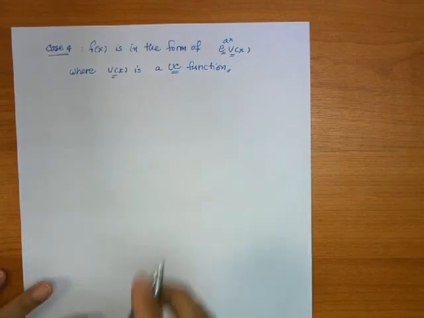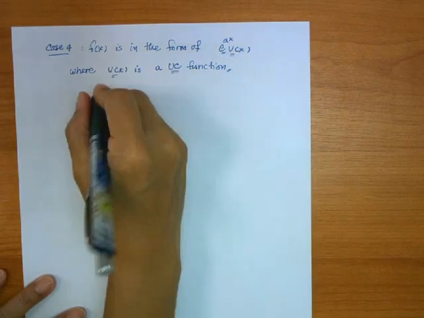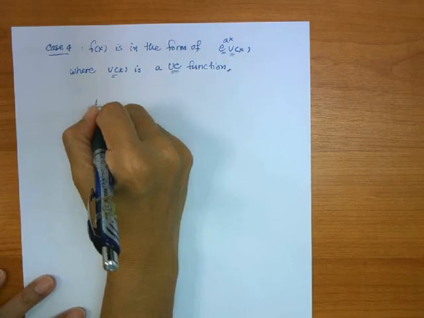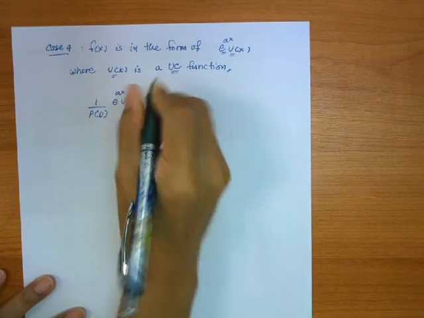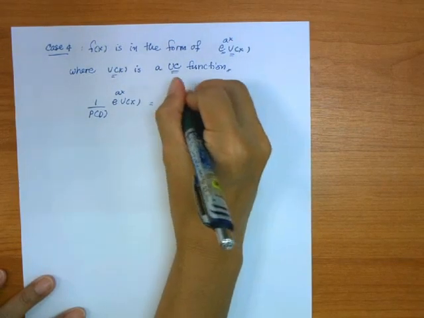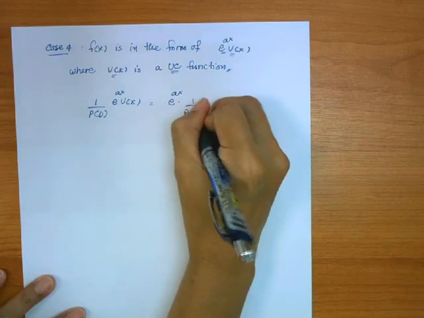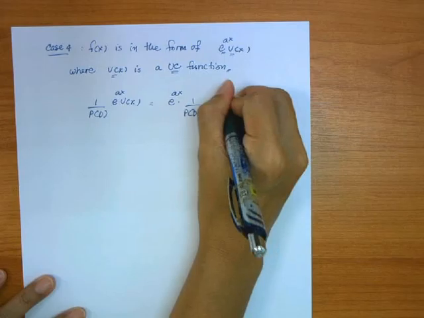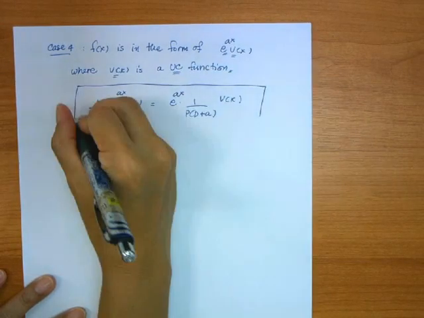It said that if our f(x) is in this form, 1 over p(D) times exponential of ax v(x), this is our f(x), right? It's equal to exponential of ax times 1 over p(D + a) times v(x). This is the formula for this case.